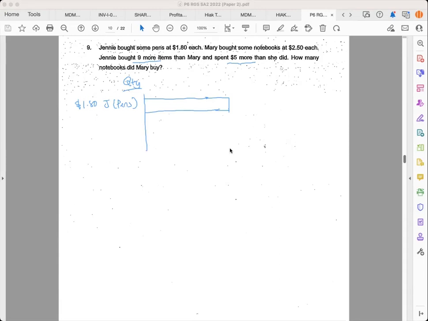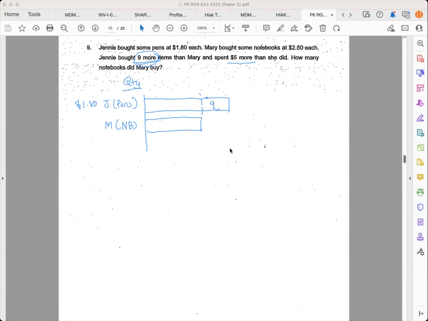I call it MB. And we know that Jenny bought 9 more than Mary, so make sure my Mary is shorter than Jenny by 9. Okay, so this is quantity.